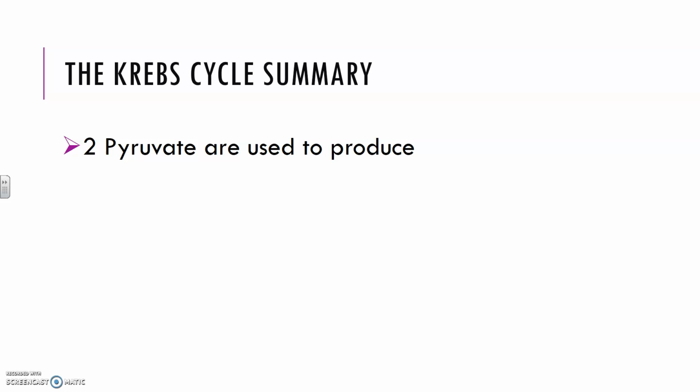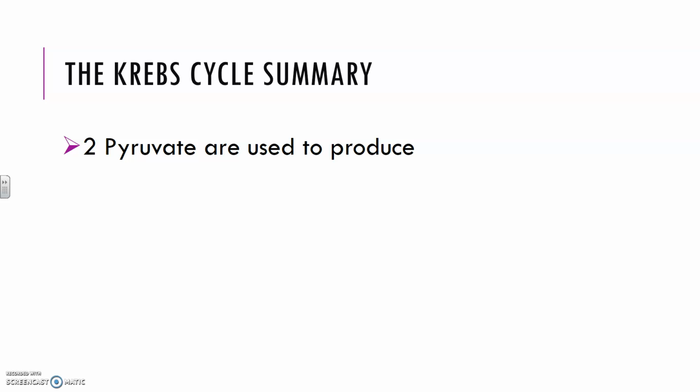So the summary here, 2 pyruvate are used to produce, okay, now remember this is 2 pyruvate. What we've just been looking at was 1, because you only need 1 pyruvate to go through the Krebs cycle once, but you're going to get 2 pyruvate out of every glucose.